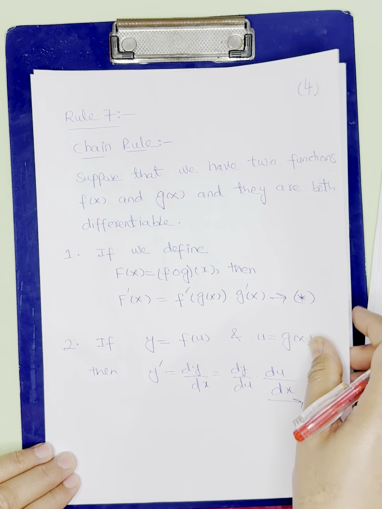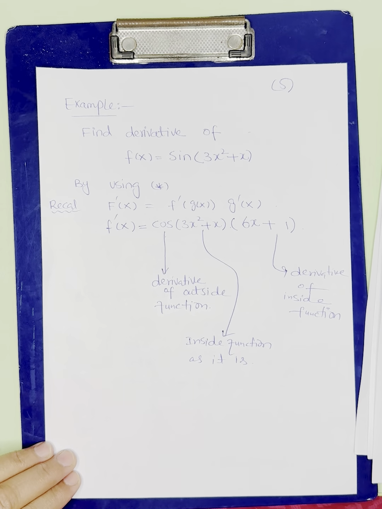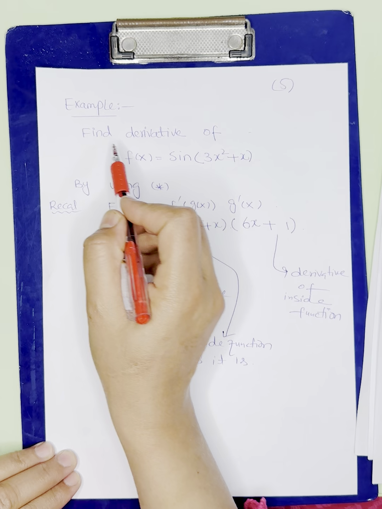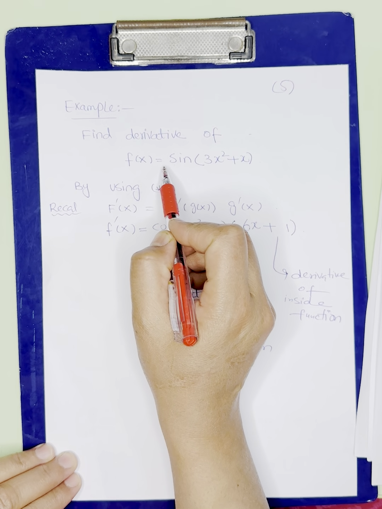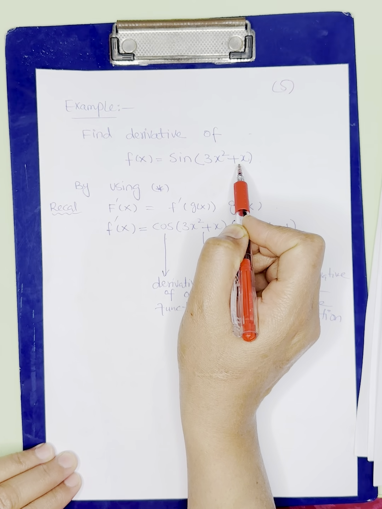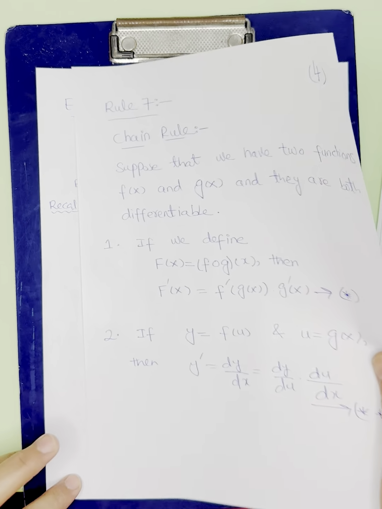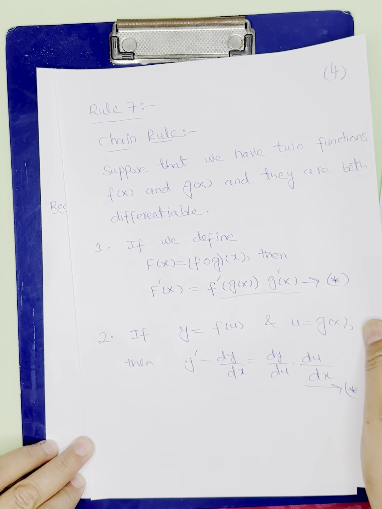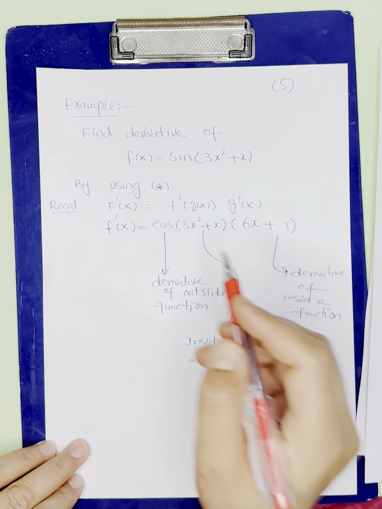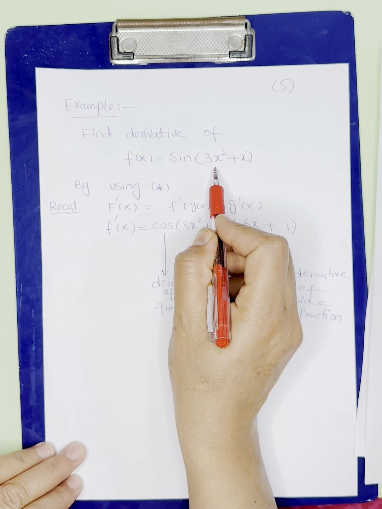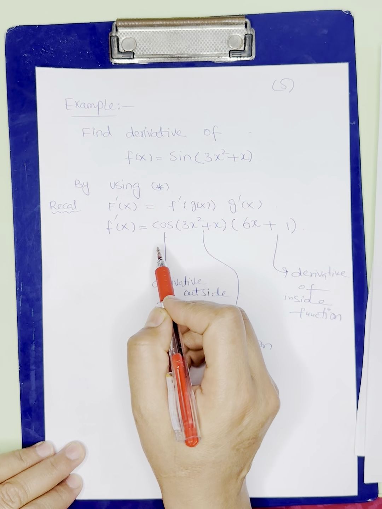For example, find the derivative of f of x is equal to sine of 3x square plus x. By using this expression, we are calculating the derivative of sine of 3x square plus x.